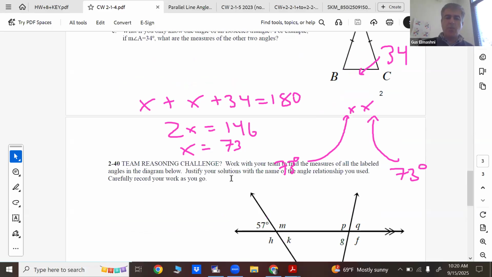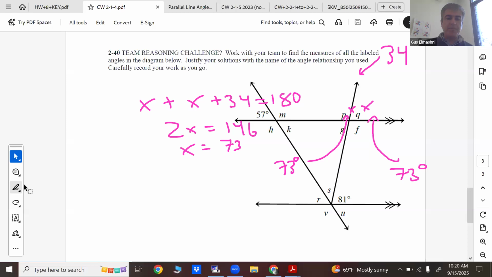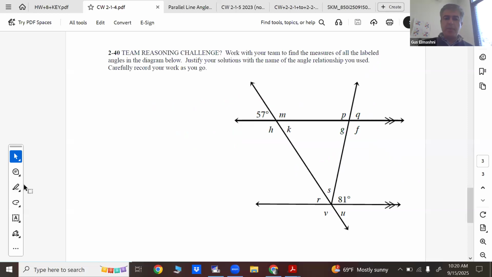Okay, this will finish up 2.4 notes before we move on to 2.5. Team reasoning challenge. Work with your team or table group to find the measures of all the labeled angles in the diagram below. Justify your solutions. All right, why don't you guys work on this? And we have parallel lines, by the way. Yep, these are parallel.